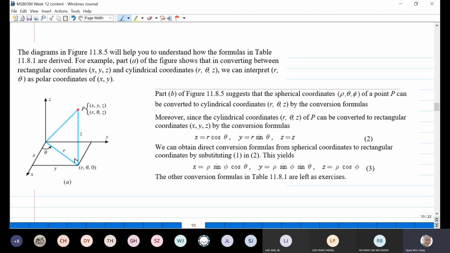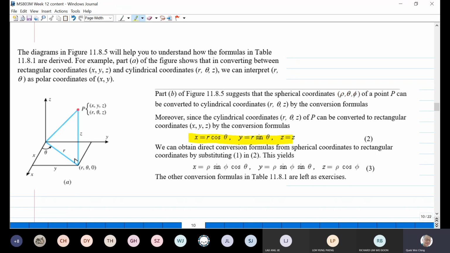This is to figure out XYZ and cylindrical coordinates. Let's look at this one. This one is a more familiar one, right?